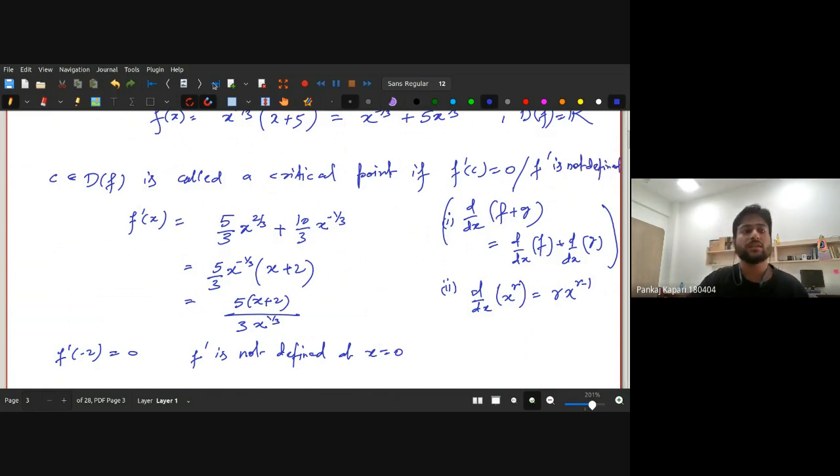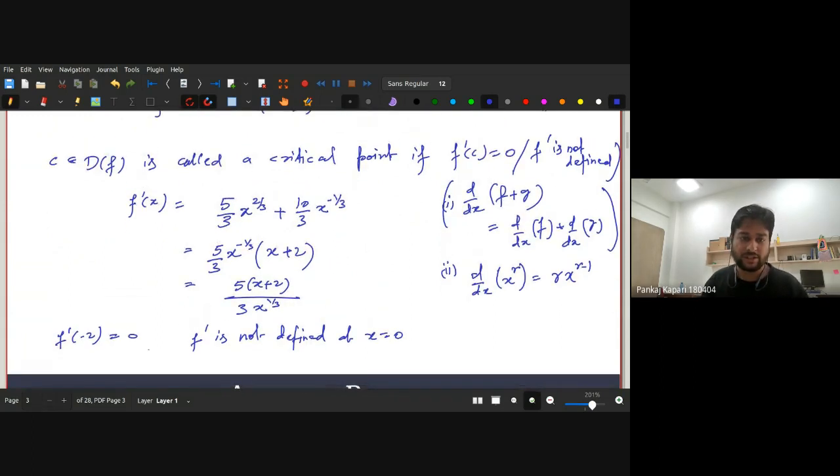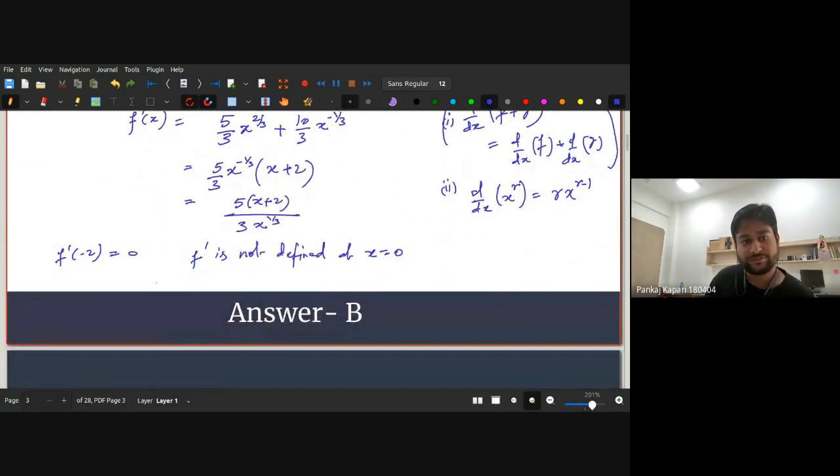In our case there are two critical points: x equal to minus 2 and x equal to 0.